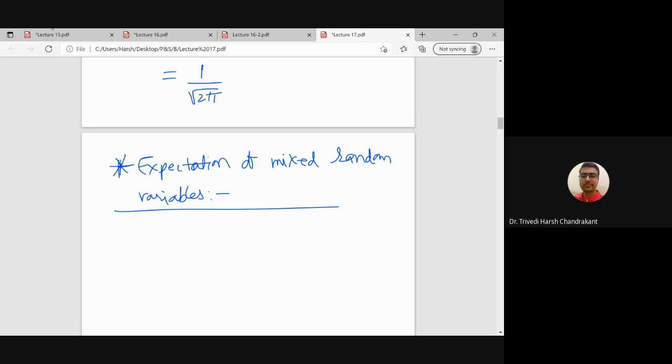So the mixed random variable capital Y is an addition of two random variables.